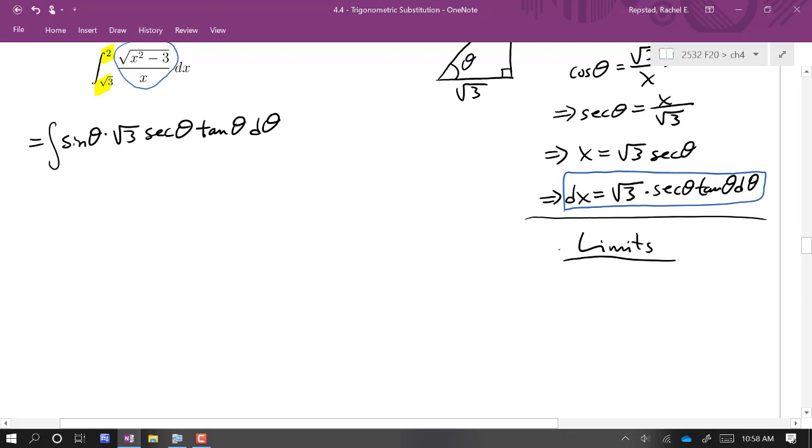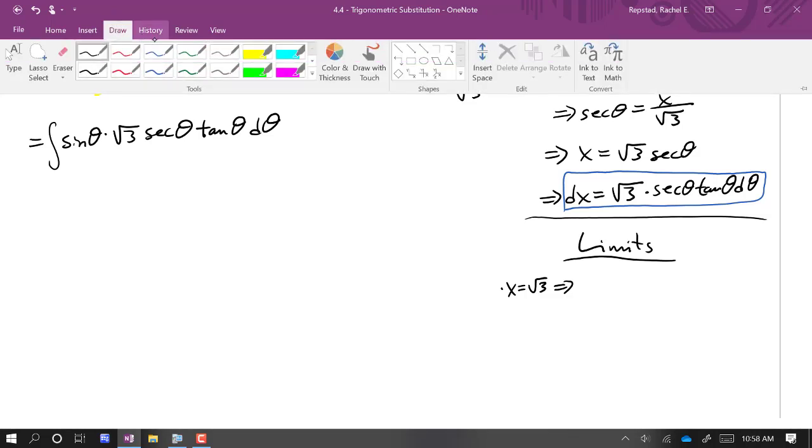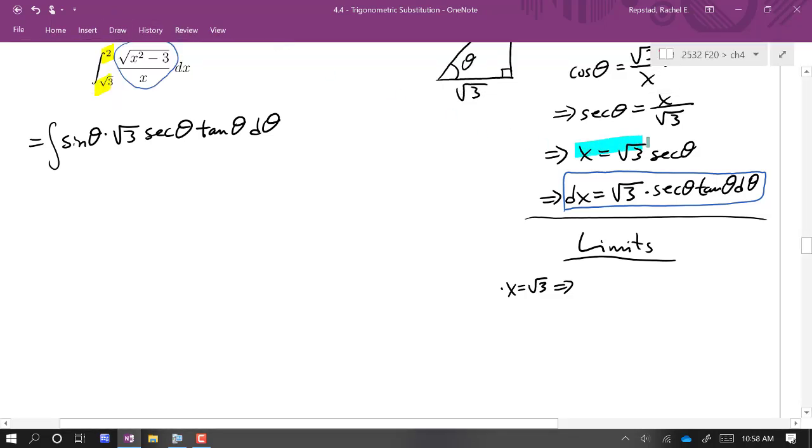So we know that when x is equal to √3, that's our lower limit, that gives us the equation, again I'm just using that expression for x up here, √3 equals √3 secant theta.